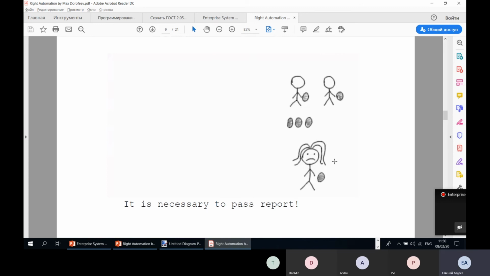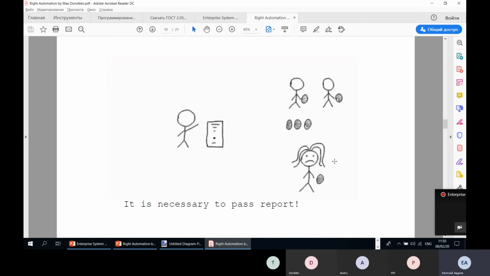So a manual report is usually easy to automate, and you can make lots of mistakes and spend lots of time if you make it by hand.